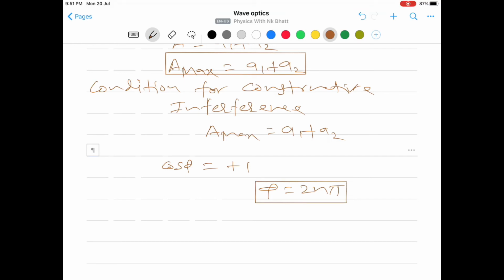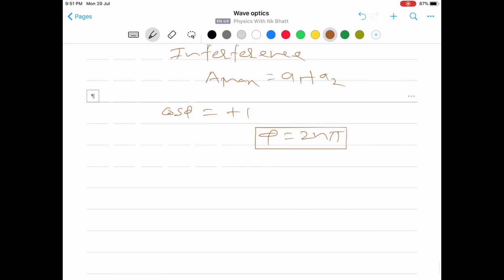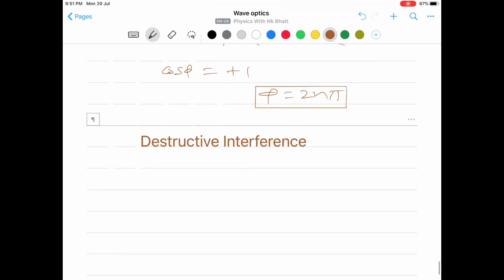So if phi is equal to 2n pi, the interference would be constructive. Similarly, we will discuss for destructive interference also.